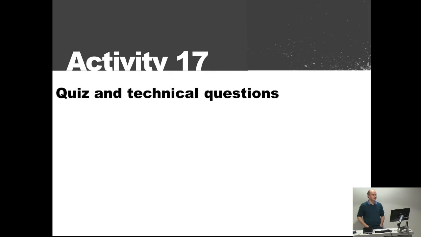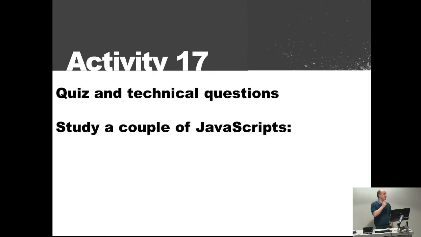So in activity 17, obviously you will have a quiz with some technical questions about Ajax in general. And I'm going to provide you a couple of JavaScripts, and I want you to study them. I'm going to ask you how they work. Again, you don't need to understand every single line and parameter.